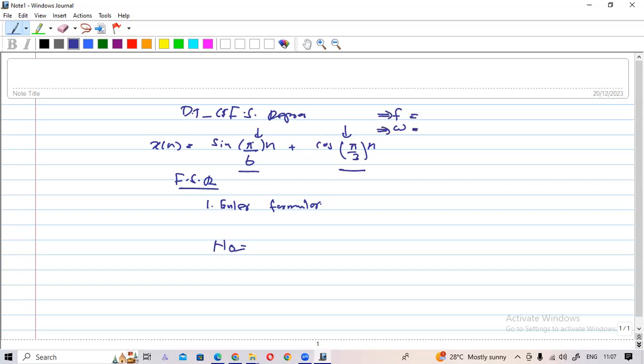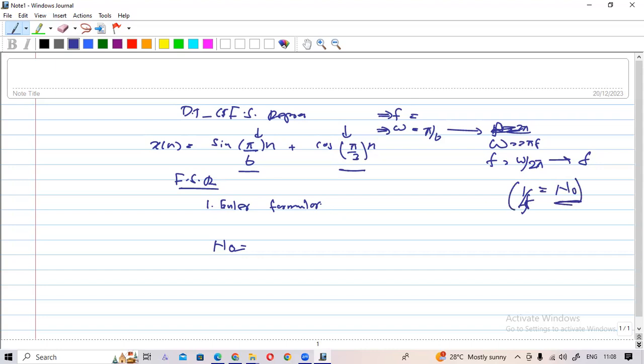Here the normalized angular frequency is 5π/6, so omega is equal to 2πf, and f is equal to omega divided by 2π. So you can find the frequency f. Then 1 over f is the period n naught. In this way you can find the period.